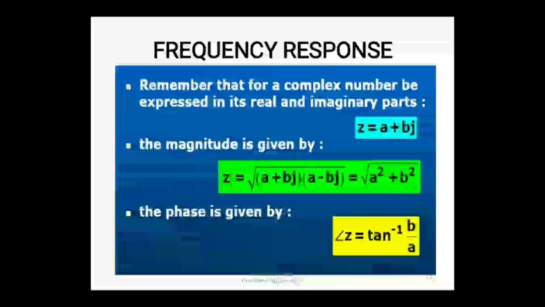The magnitude of this complex number can be written as magnitude of z is equal to under root a square plus b square. And the phase is given by the angle of z is equal to tan inverse of imaginary part upon real part, that is equal to tan inverse of b upon a.